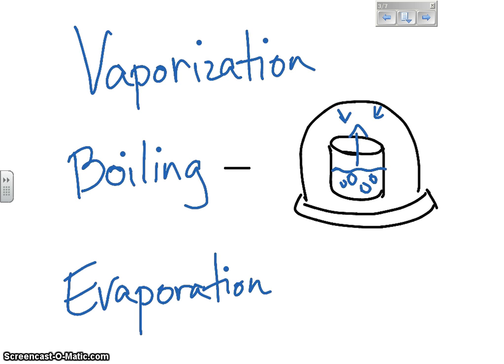Now, if we take a look at the next vocabulary word, evaporation. Evaporation happens because particles on the surface of a liquid are exposed to wind particles that are moving a little bit faster.